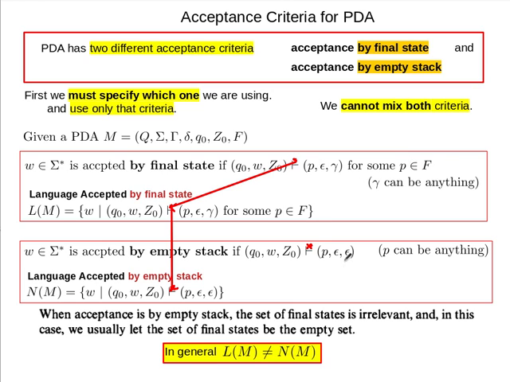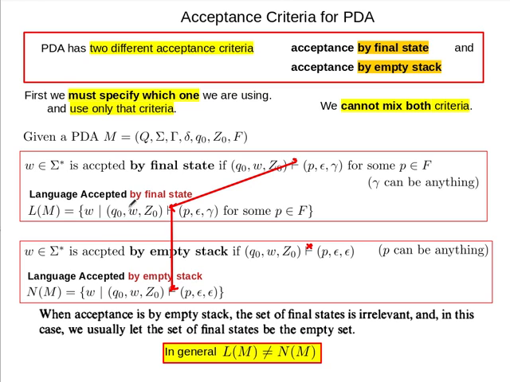Similarly in here, all it cares about is whether you have an empty stack or not. Obviously in both cases you have to process all the input symbols, so this should be epsilon and epsilon. But in here it doesn't care about gamma, it only cares about P being in capital F. Here it doesn't care about P, so P can be anything. It only cares that this has to be epsilon, right?